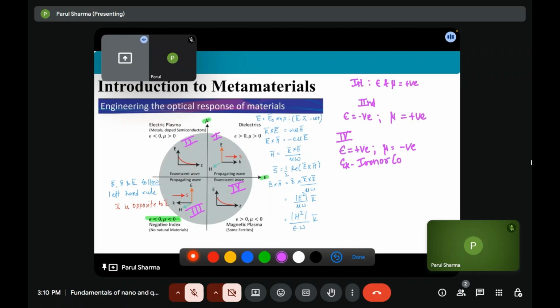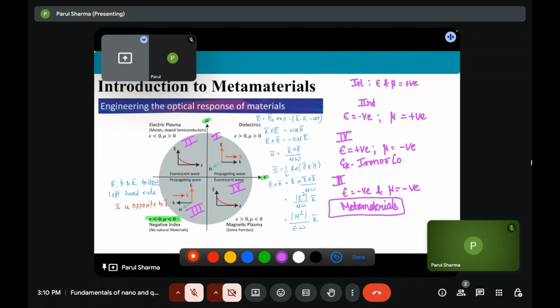And in the third quadrant, epsilon and mu both are negative. In the third quadrant, there are no naturally available materials for this. These are artificially engineered materials, which we call metamaterials.